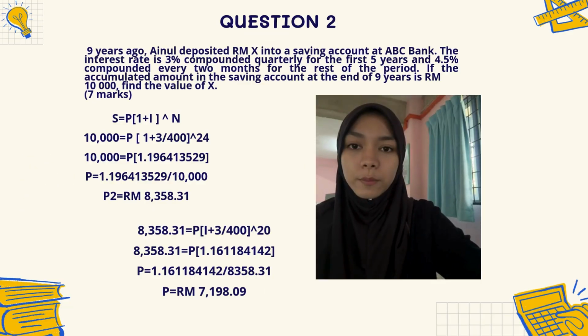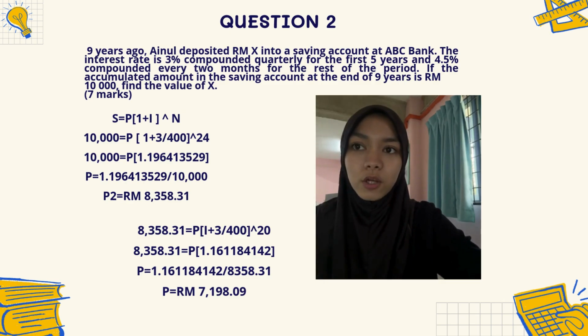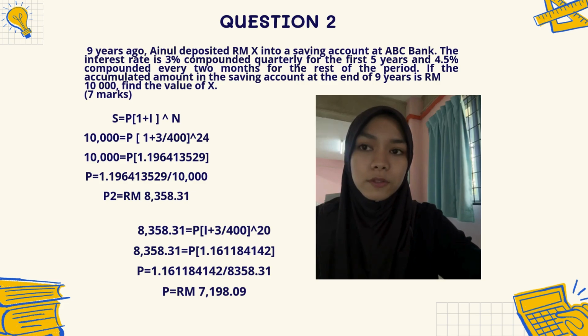9 years ago, I newly deposited RMX into a savings account at ABC Bank. The interest rate is 3% compounded quarterly for the first 5 years and 4.5% compounded every 2 months for the rest of the period.